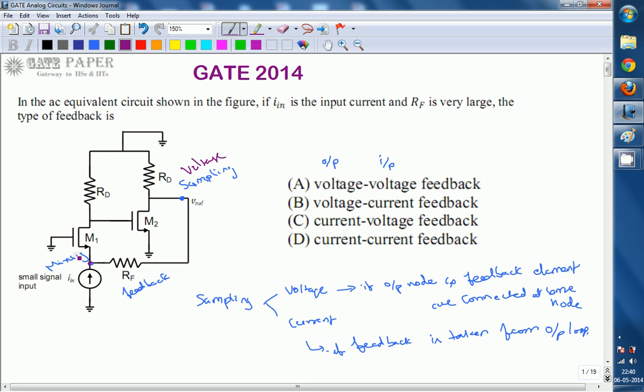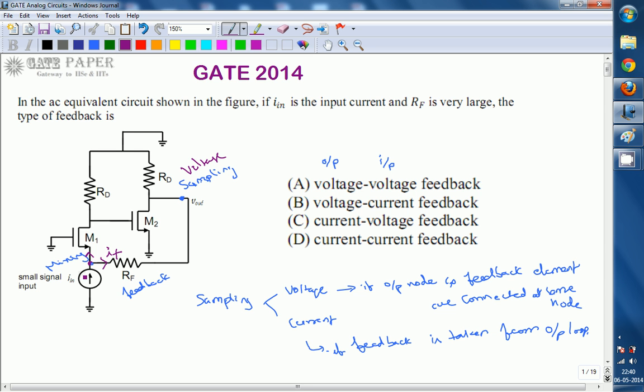Now you see here, this is I_in, and the current divides in this way, so this can be treated as I_F. I_F, the current flowing through the feedback element, is in parallel with I_in; the current divides, which implies shunt.